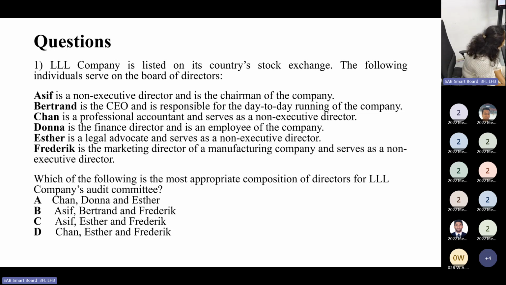Then you can take the next one because he is a legal advocate and a non-executive. And Frederick, you can take because he is the marketing director of a manufacturing company and a non-executive to us. So that combination, Chen, Esther and Frederick, is the combination that suits the audit committee most. Okay.